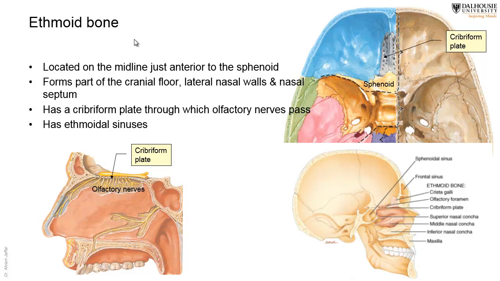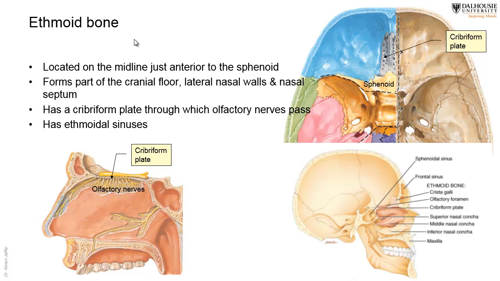It also forms part of the nasal septum, which is present between the nostrils. We can move part of the nasal septum because partly it is cartilaginous and partly it's bony. The bony part is formed, again, partly by the ethmoid bone.